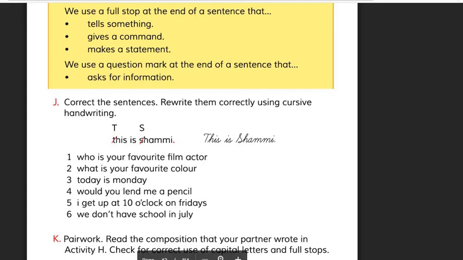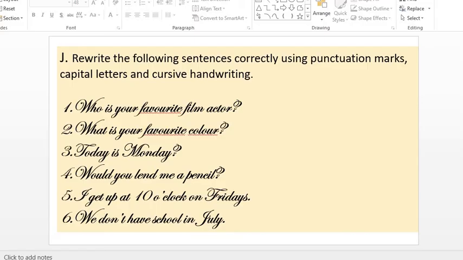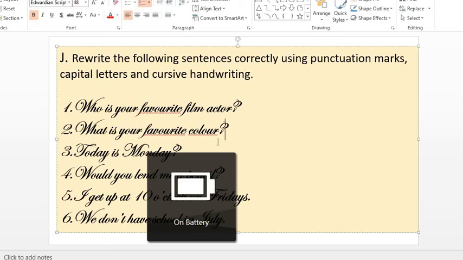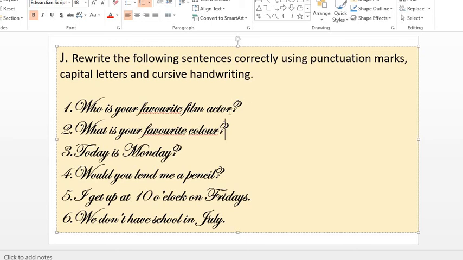Okay, now look at this writing. I wrote it using cursive letters. Try to write in this way. Who is your favorite film actor?